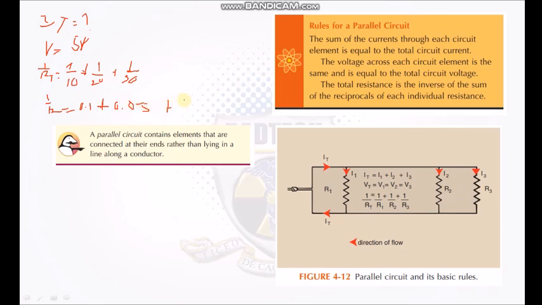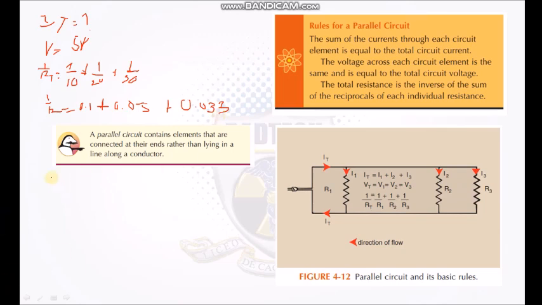Then plus 0.033. And then total, you have 0.1 plus 0.05 plus 0.033.